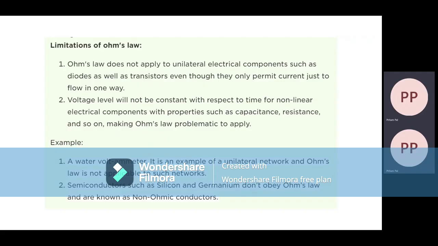We'll deal with some examples like a water voltmeter. It is an example of a unilateral network, and Ohm's law is not applicable for such networks. Also, semiconductors such as silicon and germanium do not obey Ohm's law. That's why they're known as non-ohmic conductors.